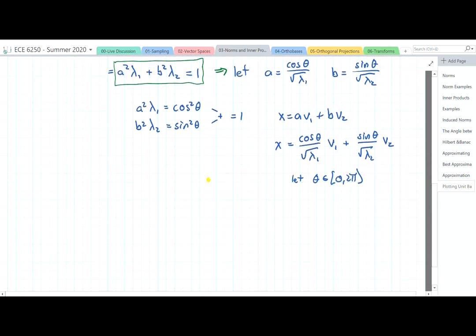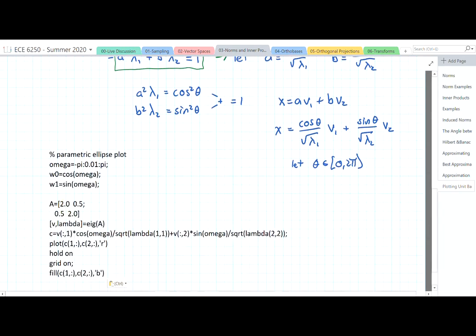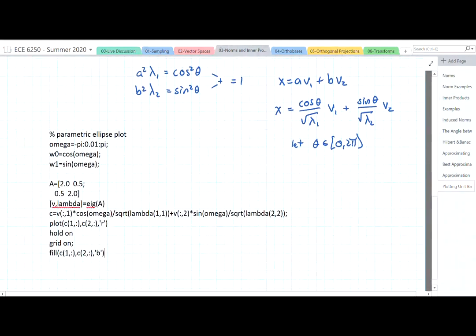So I have some code that does this. Right here, we choose, in this case, omega. And then I say W0 is equal to cosine omega, and W1 is equal to sine omega. Now we enter in our A matrix and find the eigenvalues and eigenvectors.